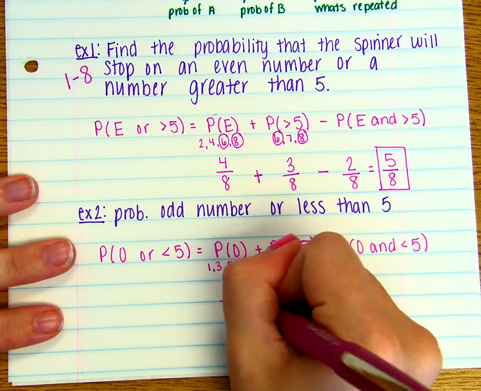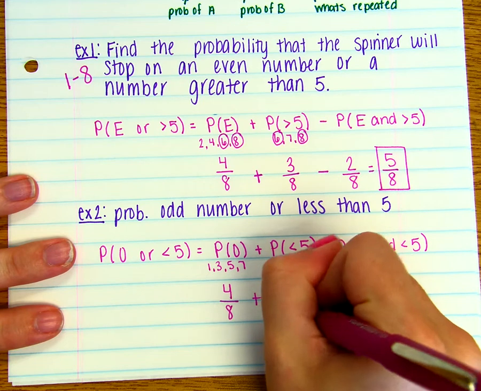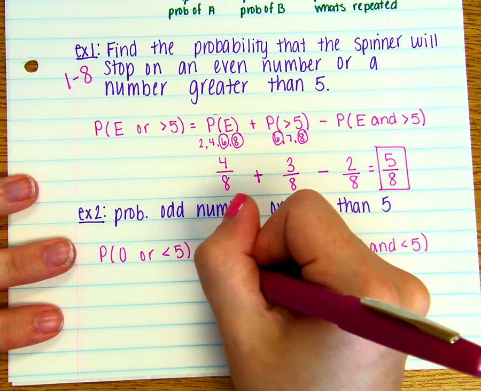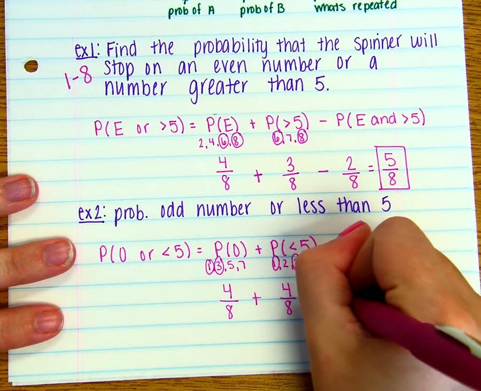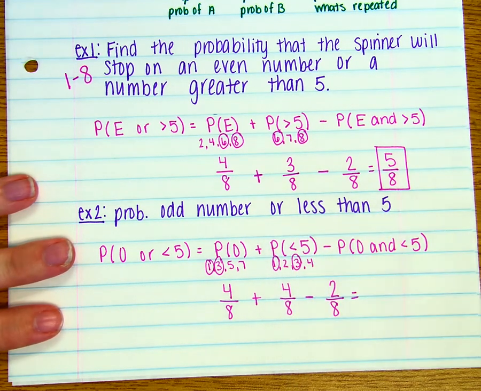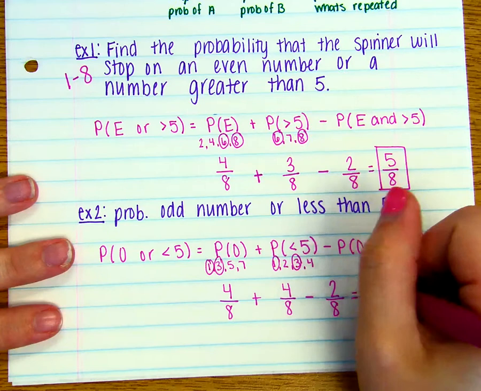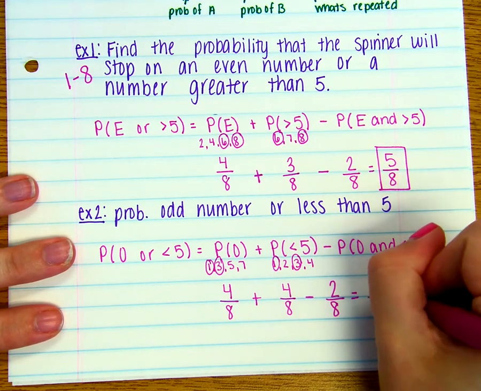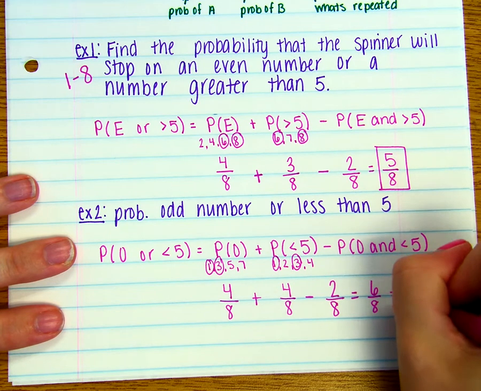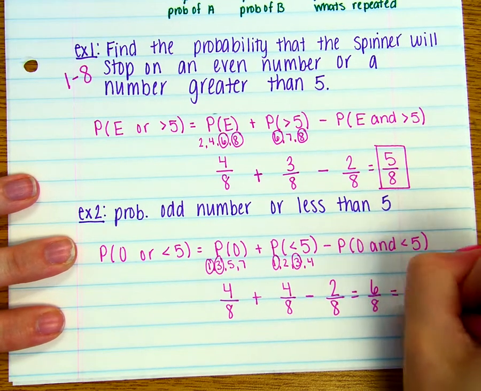So that gives us 4 out of 8 plus 4 out of 8 minus 1 and 3 are being repeated. So there's 2 things that are being repeated. So I subtract 2 over 8 and I get 6 over 8, which reduces to 3 over 4.